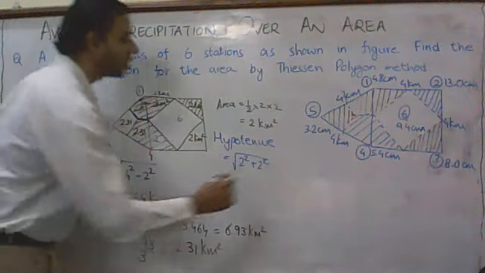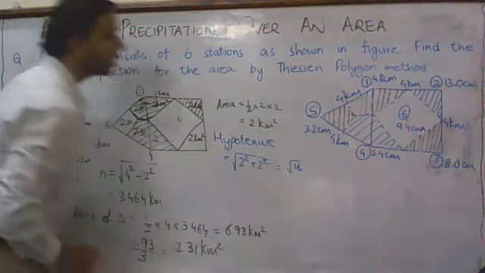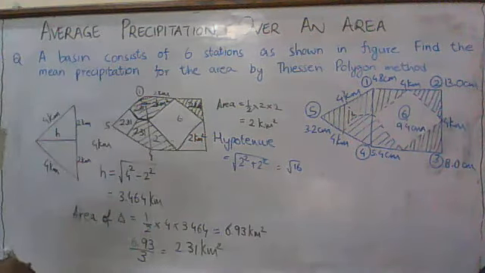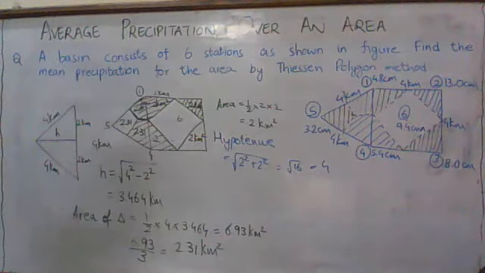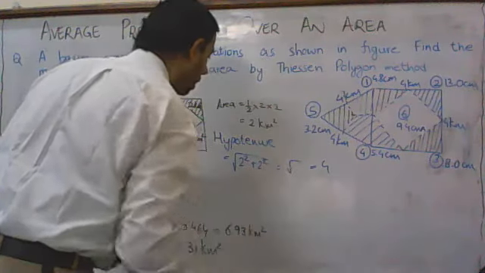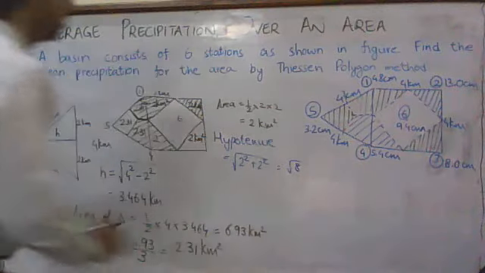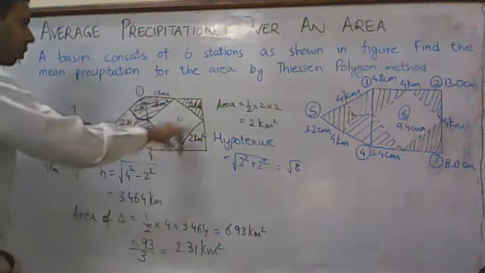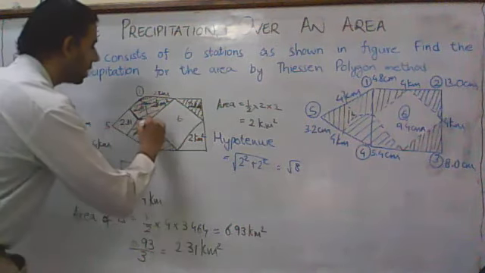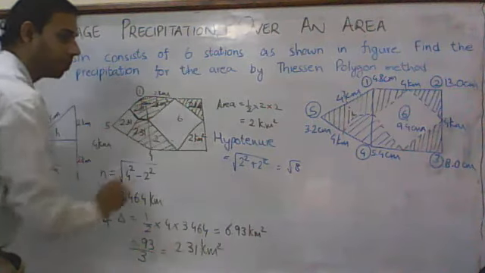That comes out to how much? 4 plus 4... sorry, 4 plus 4 is 8, so root 8. So the hypotenuse comes out to root 8, meaning this length is equal to root 8 kilometer.